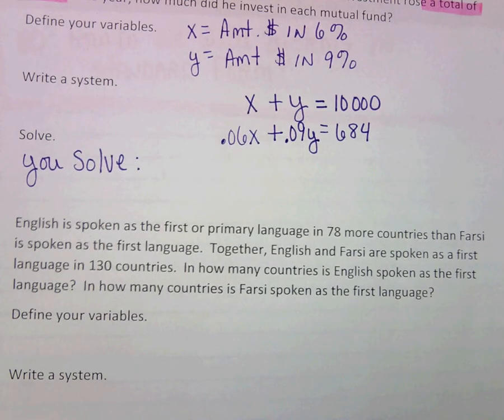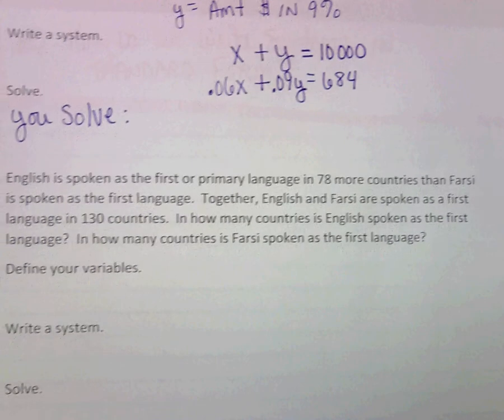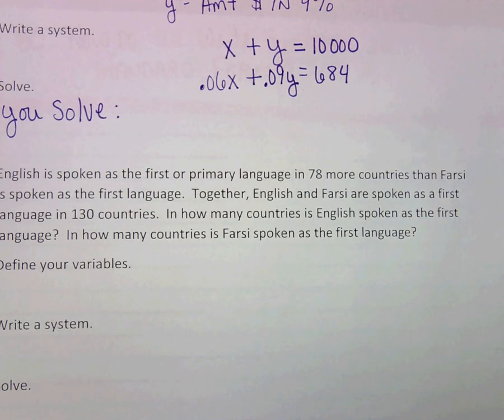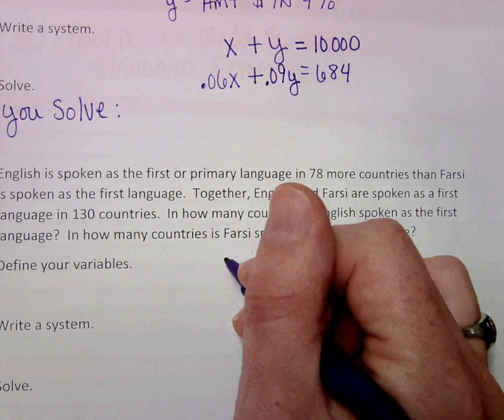Okay, look at the next example. Read it to yourself, please. And the first thing we're going to do is define our variables. We're looking at how many countries speak each of the languages. So I'm going to venture out and use some different variables.